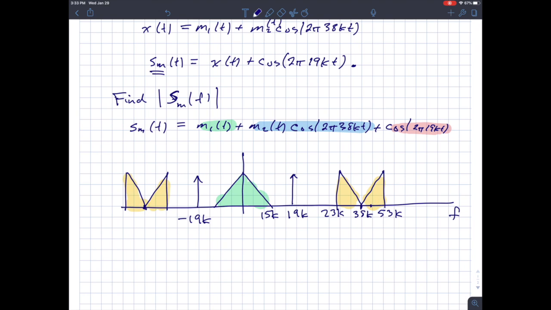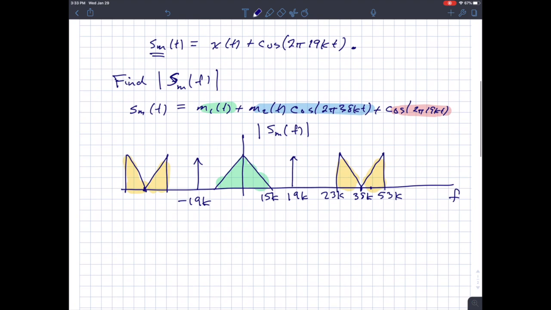All of this is SM of F, and I've kind of been loose with the amplitudes. You could fix that up and make the amplitudes show up in your sketch as well. So that's what that looks like.